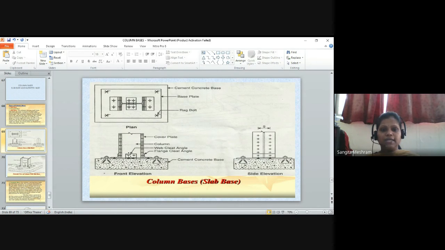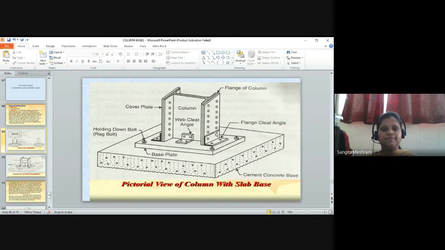This web cleat angle, flange cleat angle is there, and this is the cement concrete base. This is the image which is related with the slab base. This is your cover plate. This is I section, this column. Then web cleat angle, this flange cleat angle. So this is related with the slab base.